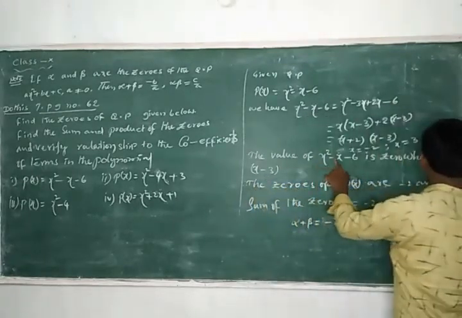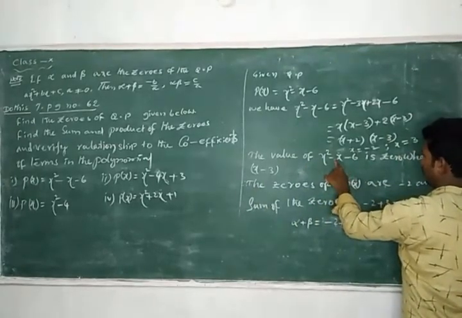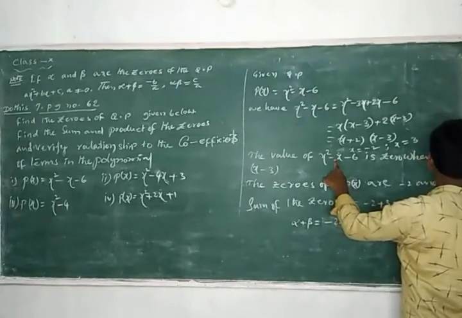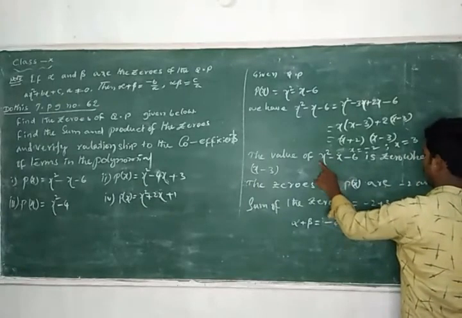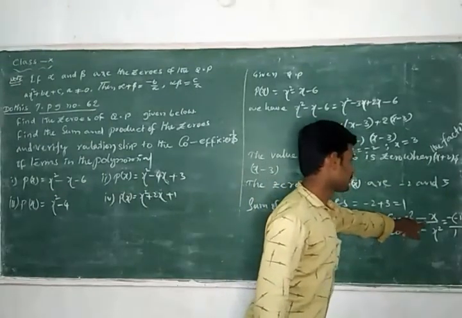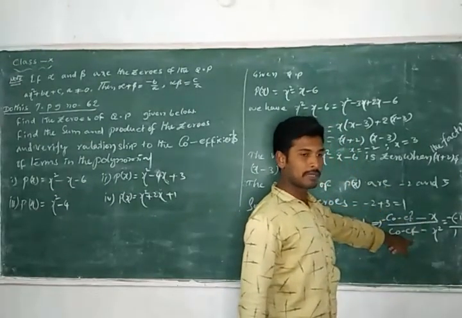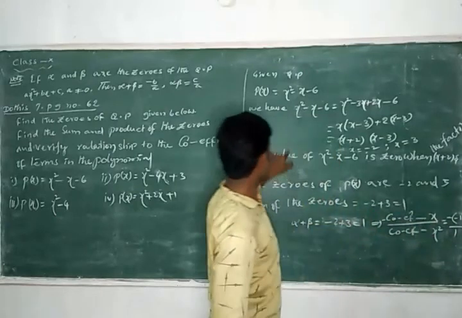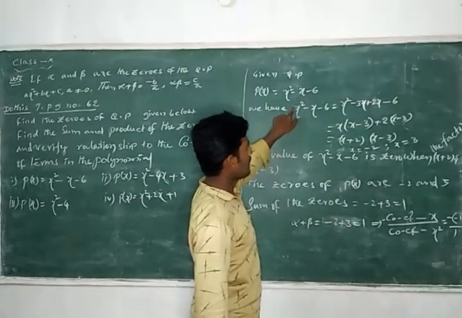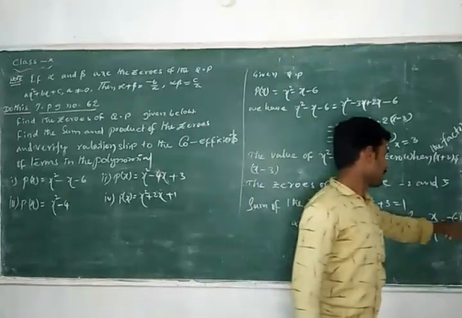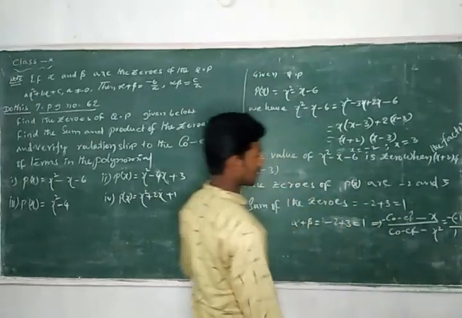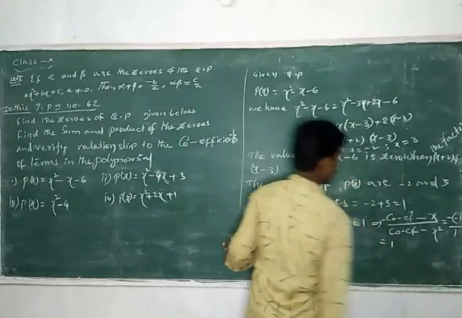The x coefficient is minus 1, so minus of minus 1 by plus 1. Minus b by a, so what is b here? b means minus 1, a means only 1. So minus into minus 1 by 1, minus into minus is plus, so we again get the result 1.